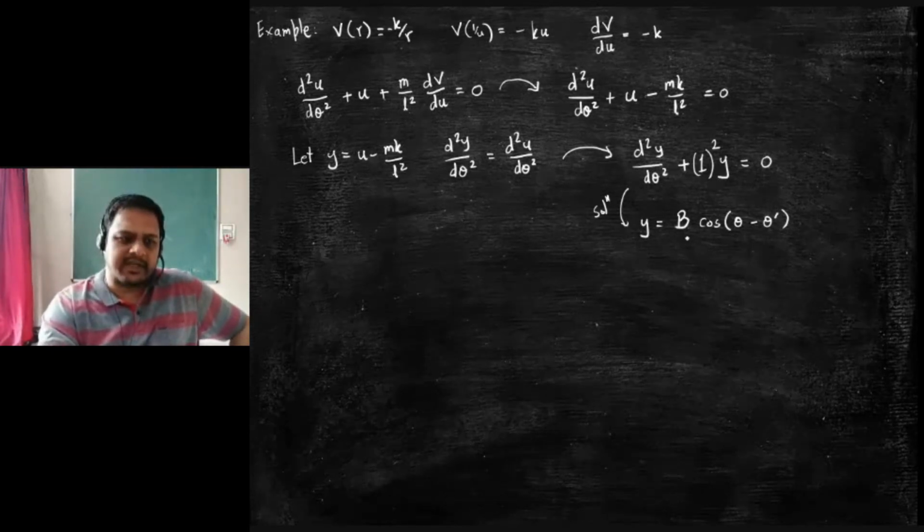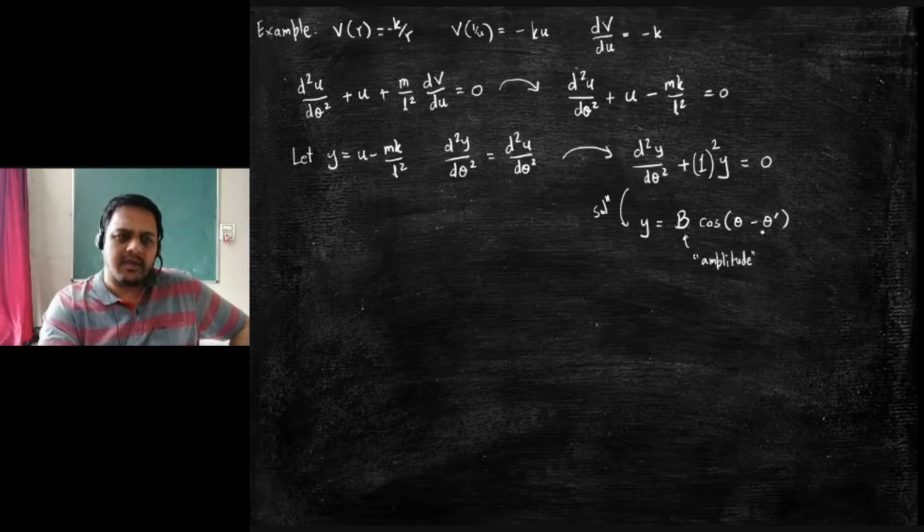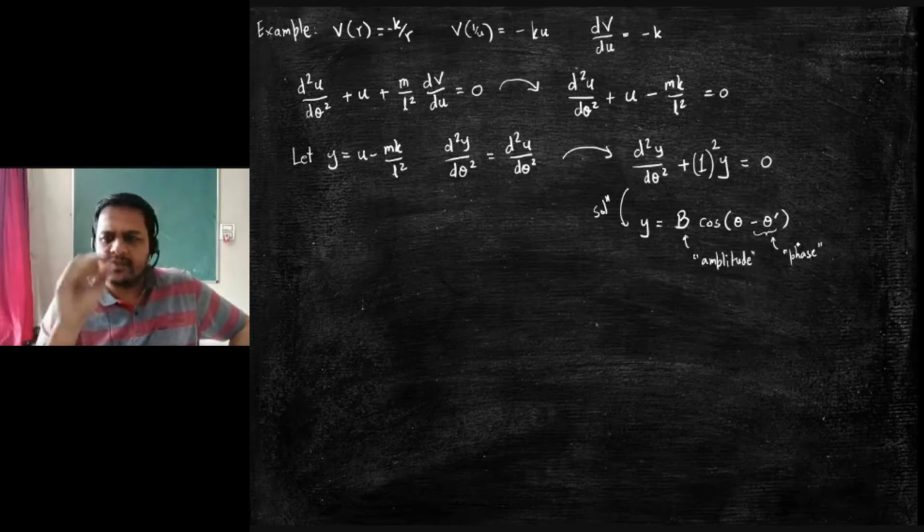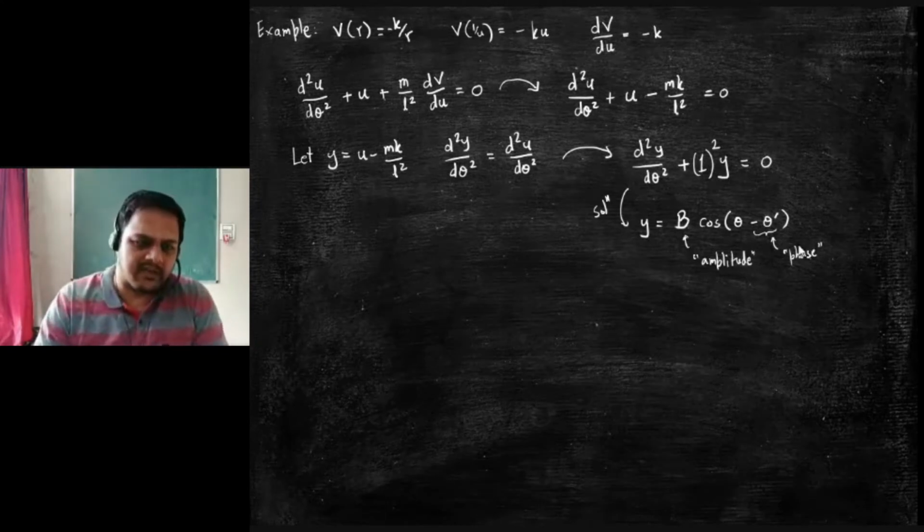Basically, you have got an amplitude term and you have got a phase term. This is always the case. Your harmonic oscillator general solution is always some amplitude with some phase.